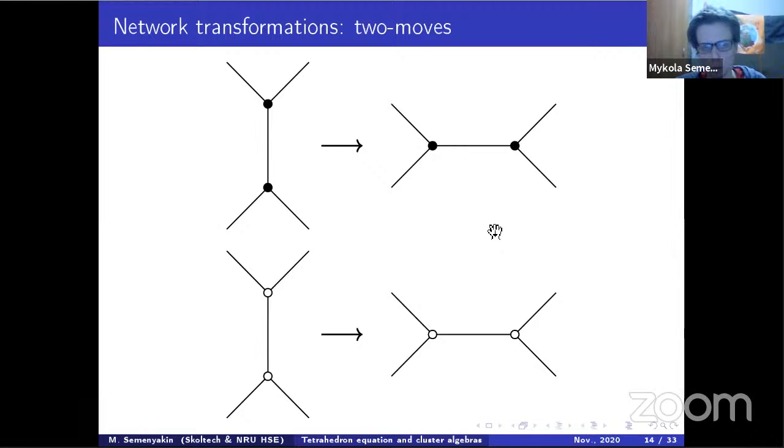The first one is the two move, which is drawn here, and it transforms this graph to this graph. And we also have a transformation of the corresponding corner variables, which can be made in such a way that the Poisson brackets of the first and second picture are consistent. I skipped it here just for simplicity of slides.